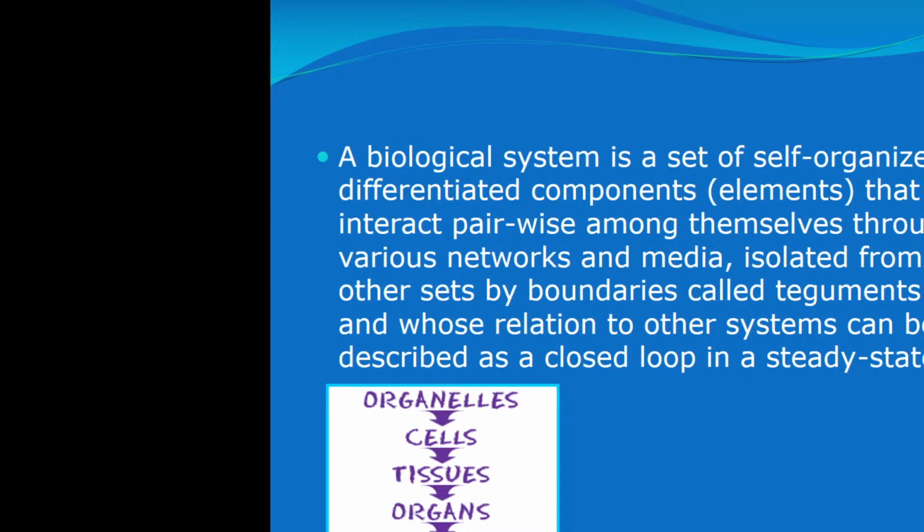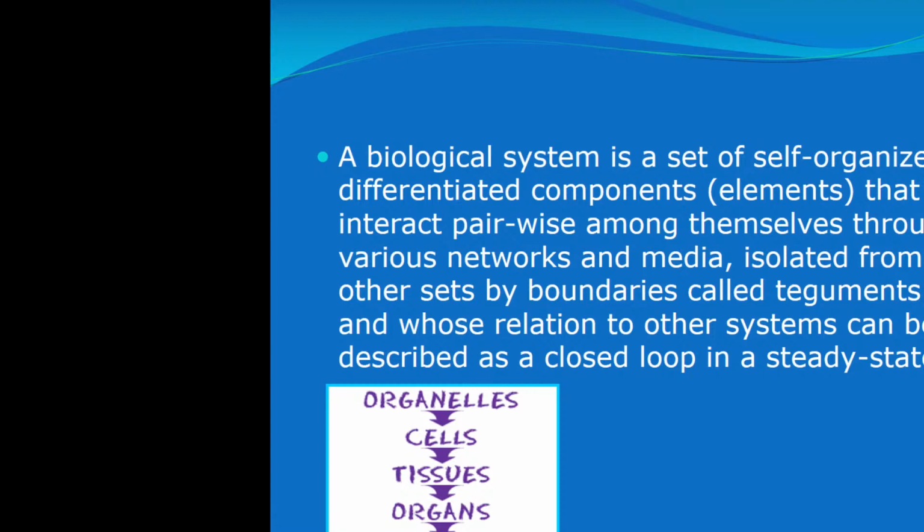The biological system is a set of self-organized, differentiated components or elements that interact pairwise among themselves through various networks and media, isolated from other sets by boundaries called teguments, and those relations to other systems can be described as a closed loop in a steady state.